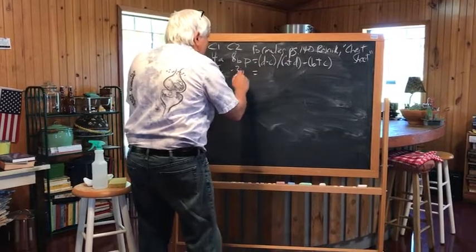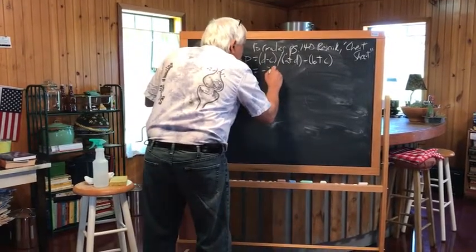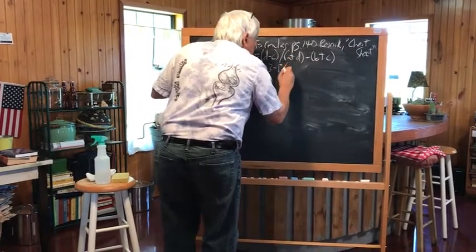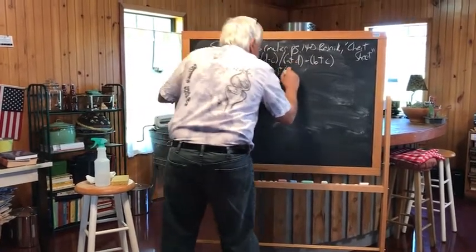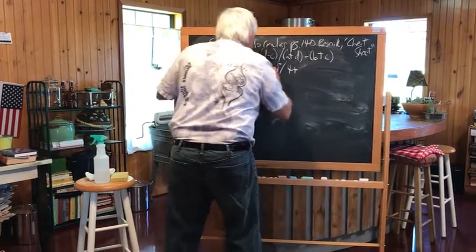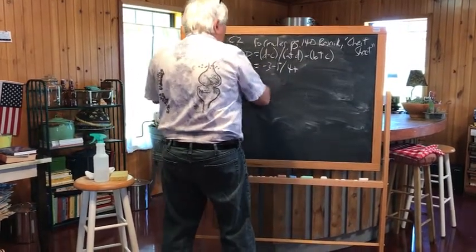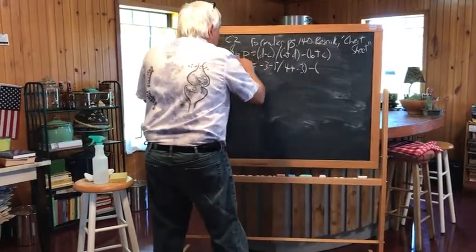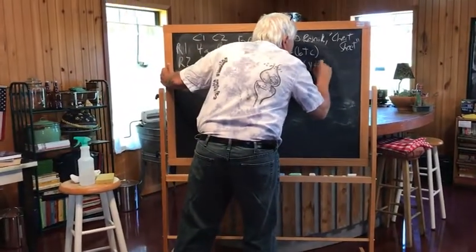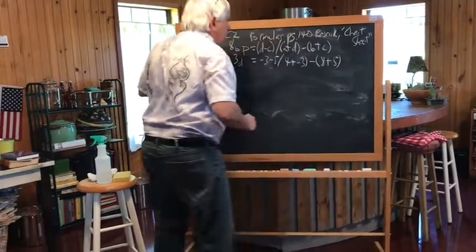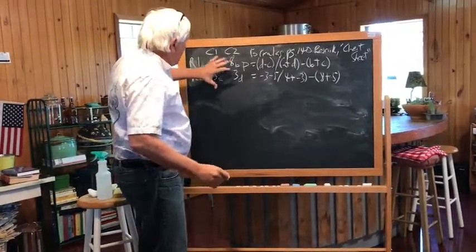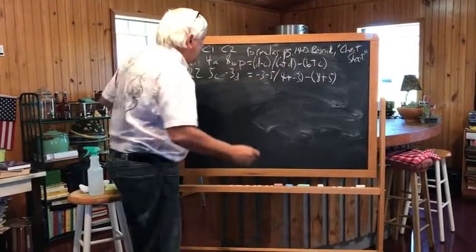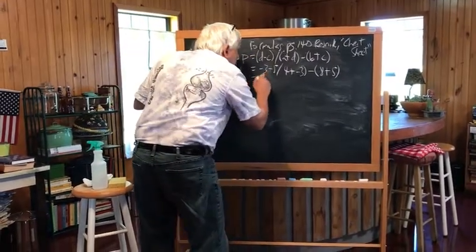D minus C, minus 3 minus 5, over A plus D, 4 plus minus 3, minus B, 8 plus 5. All that is just taking these numbers from the payoff matrix and plugging them into this particular equation. Now we solve this equation.